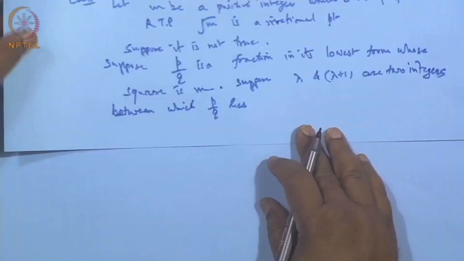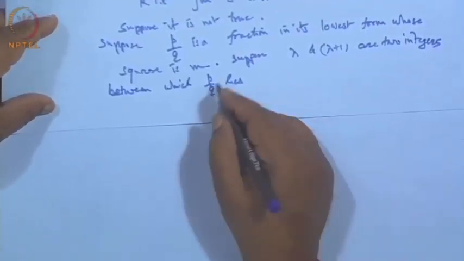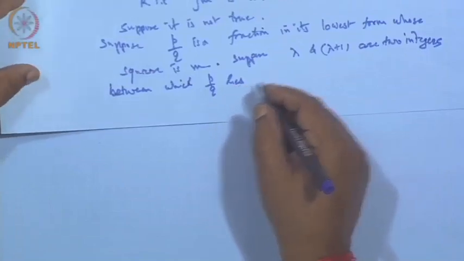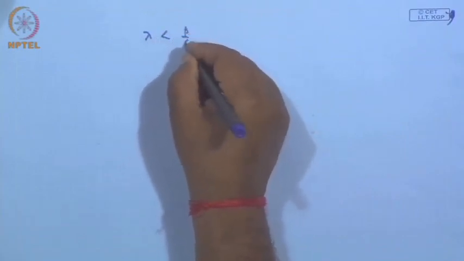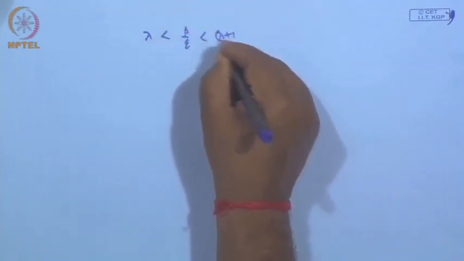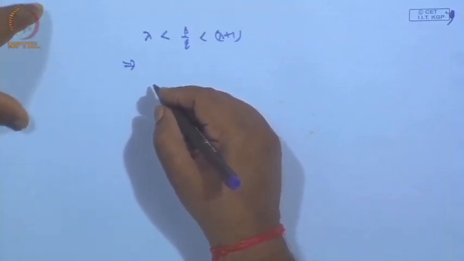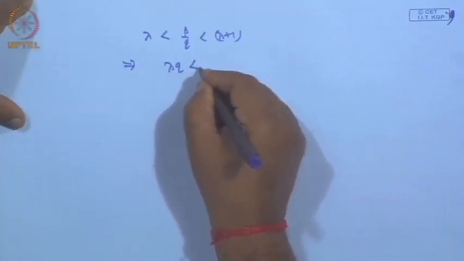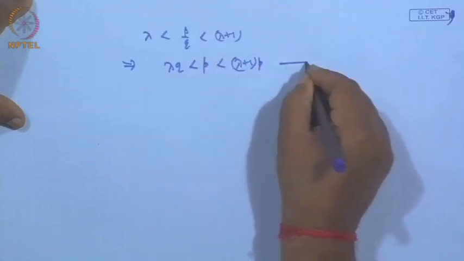So we get lambda is less than p by q, less than lambda plus 1. This implies that lambda times q is less than p, less than lambda plus 1 times q. Let it be equation 2.